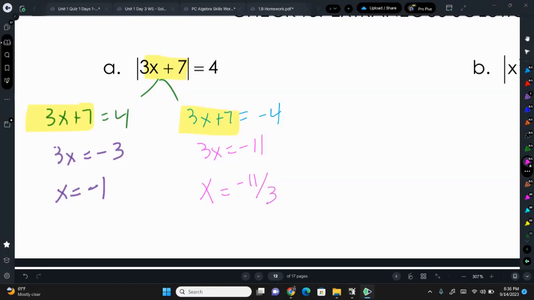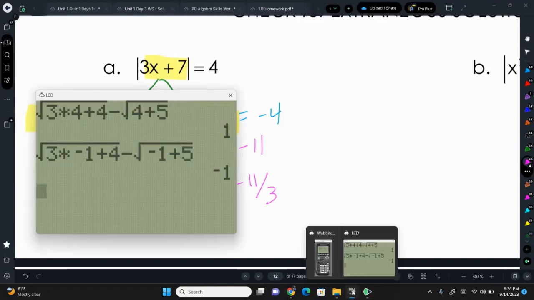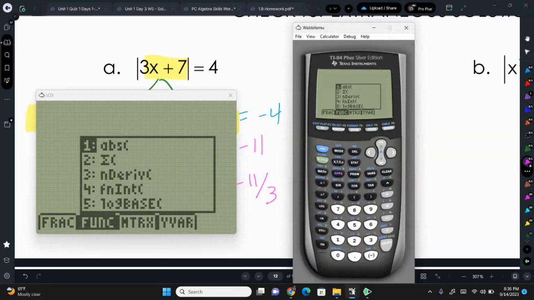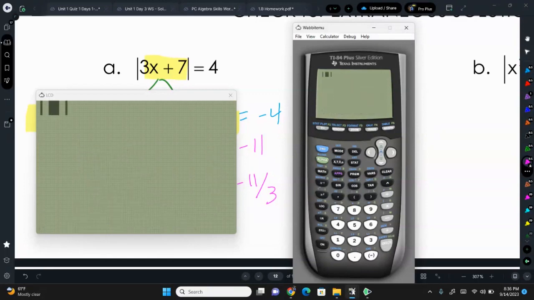So then you want to, again, check both of these in the original equation. So to do absolute value, we do alpha window. The first one is abs(3 times negative 1 plus 7), and we hope we get 4. Okay.